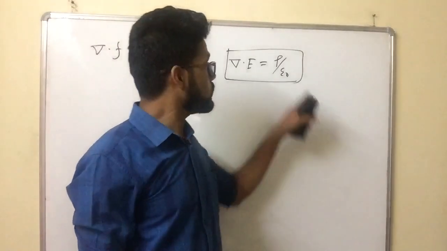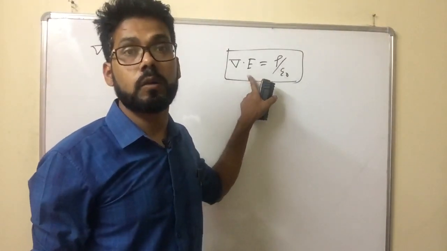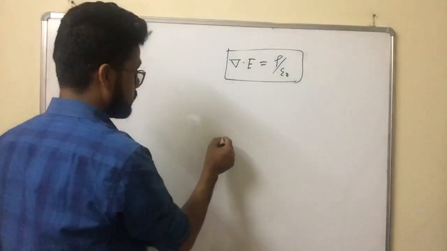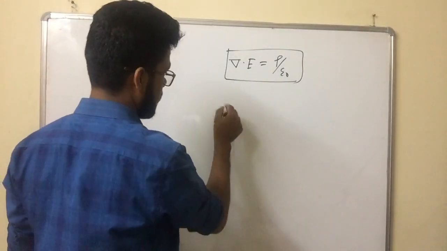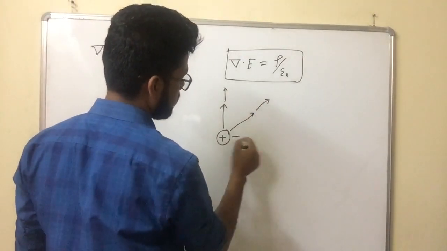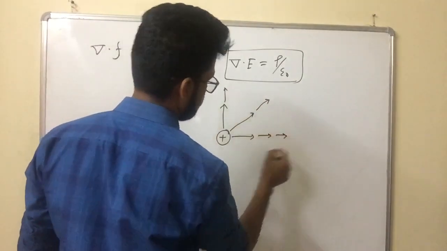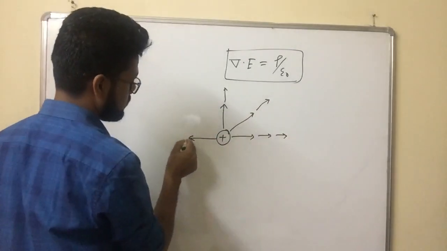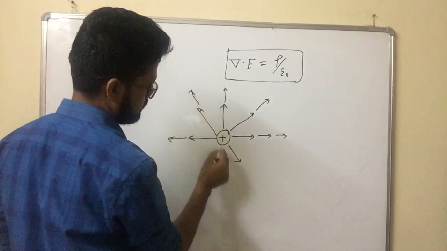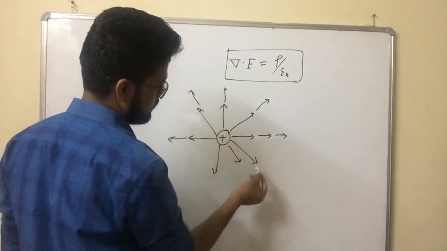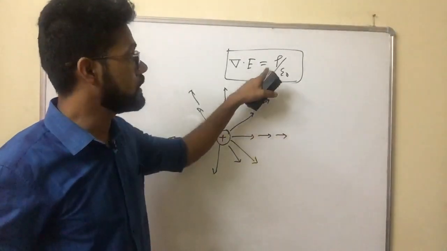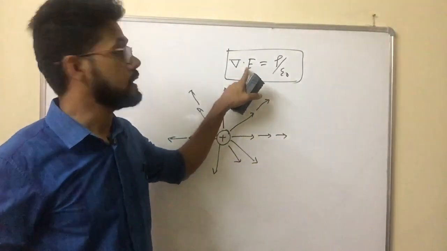Suppose you consider a positive charge particle, then we often represent the diagram like this, with field lines going outward. So this is a positive divergence. The source is positive.